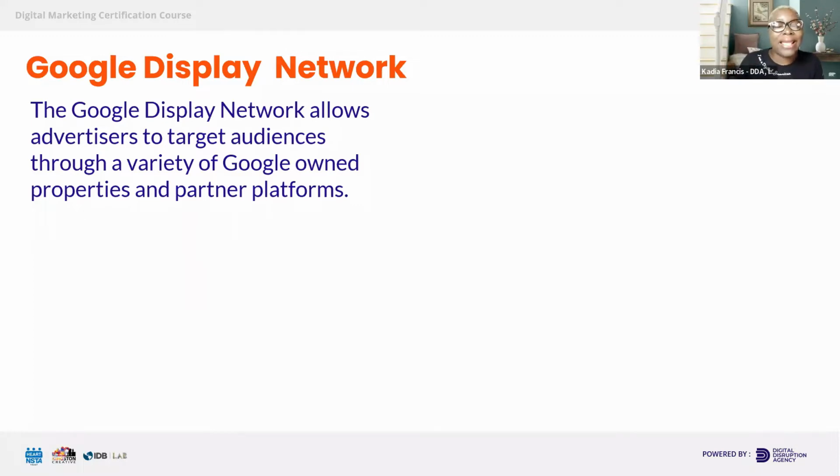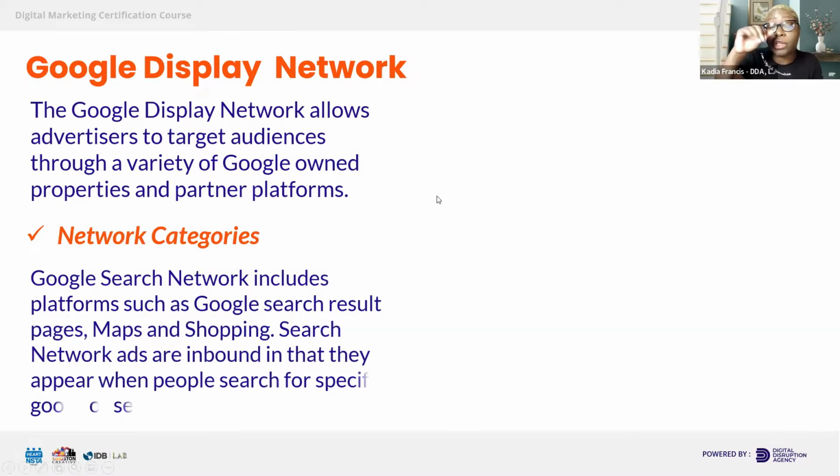But there are two sides to the Google Display Network, and these are the two main network categories. First you have the Google Search Network, which includes platforms such as the Google search engine results page, Google Maps, and Google Shopping.